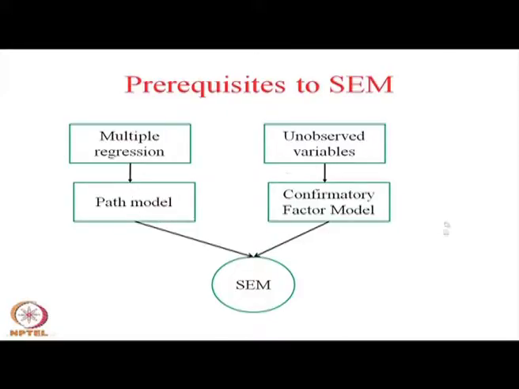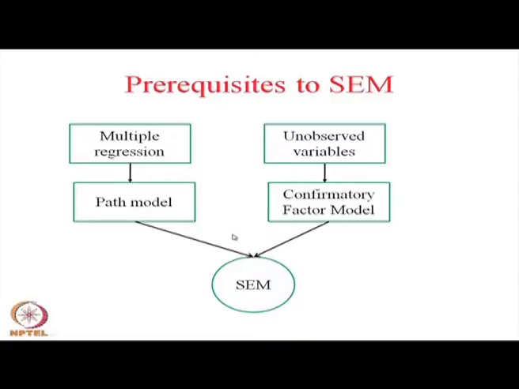You must know confirmatory factor model, whose prerequisite is exploratory factor model, so that unobserved variables can be measured through exploratory factor model. What is the difference between confirmatory and exploratory factor model, that we have already discussed. So, if you know confirmatory factor model and path model, which is basically the structural model, then you will be able to apprehend structural equation modeling.